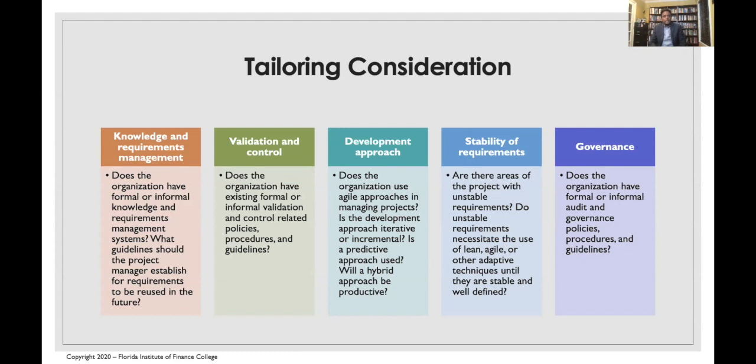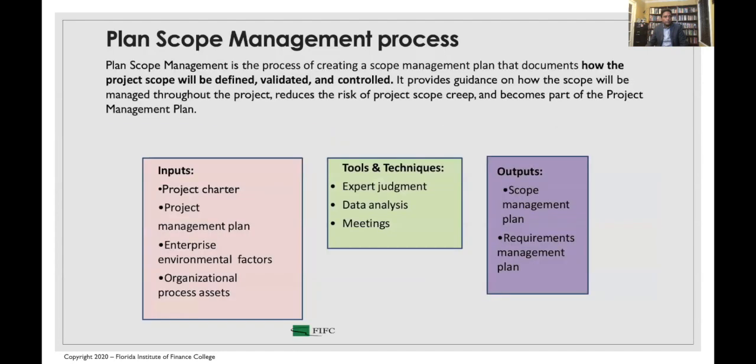All right, now let's move on to the first process where we start to plan for our scope, which is now plan scope management, because everything starts with planning, and you have an exercise on that. And plan scope management will help organizations put together a step forward for managing their scope, which is what you see here.